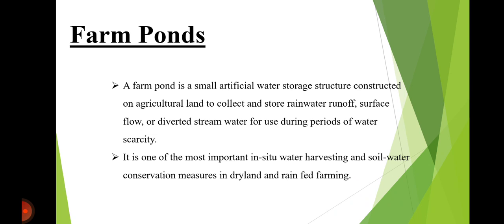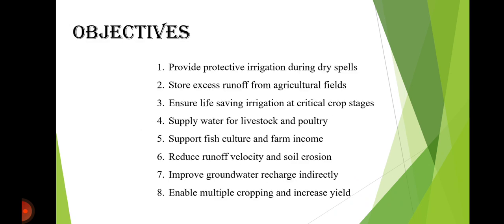It serves as an important soil and water conservation measure in rain-fed agricultural regions. In agricultural engineering, a farm pond is often considered an integral component of rainwater harvesting systems and on-farm water management practices. So, this is the definition of the farm pond, and I hope you can all understand the definition.